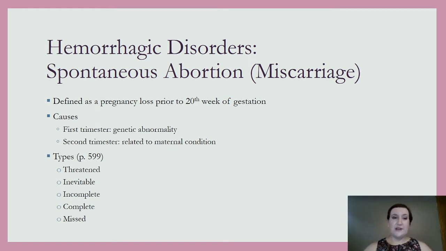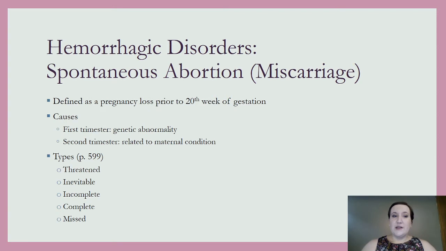We could be looking at either a defect in the follicular phase or the luteal phase if it's related to the mother's hormones. If it's related to a genetic abnormality, this might necessitate a thorough workup as to what occurred so that we can be aware of it for any future pregnancies.